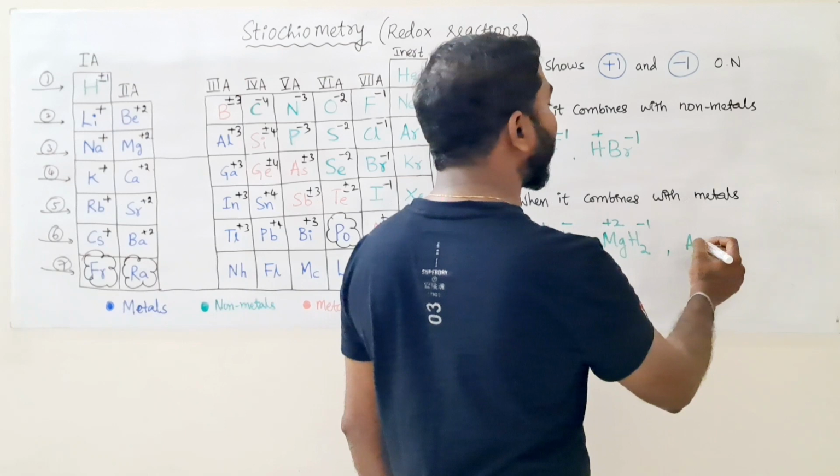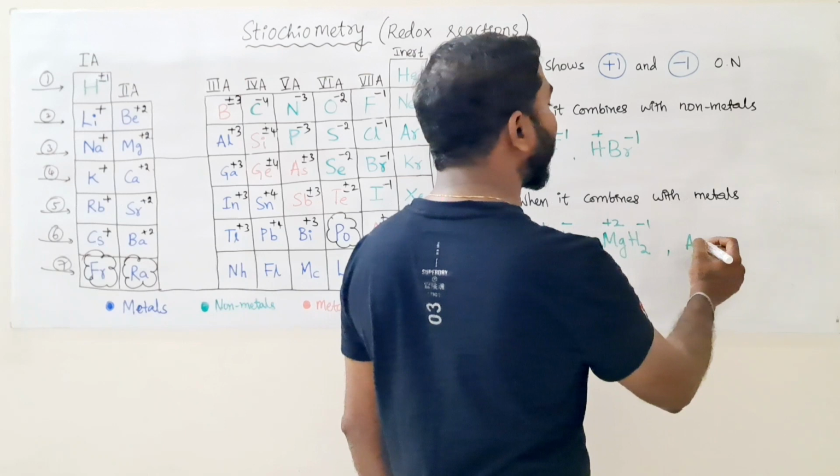In between -1 and +7, the remaining numbers are also possible. Likewise, every element can have its minimum and maximum oxidation number. The maximum oxidation number is going to be its group number. So we can say that the oxidation number for any element never goes beyond its group number.